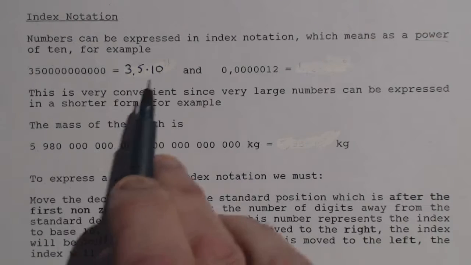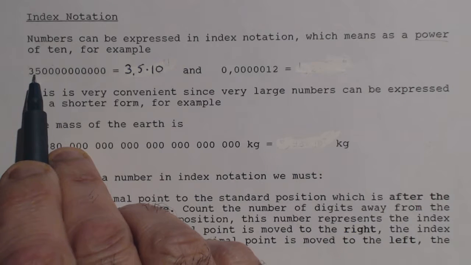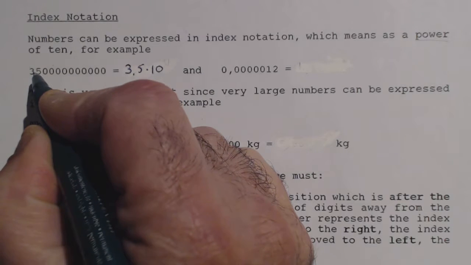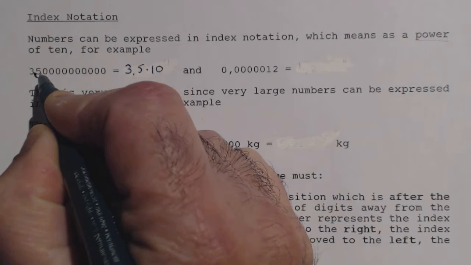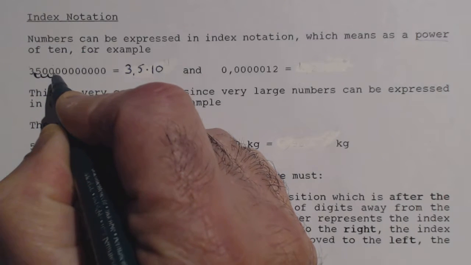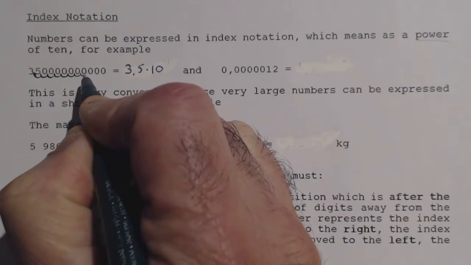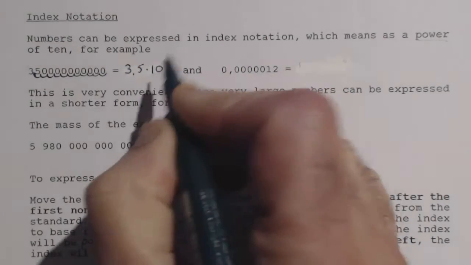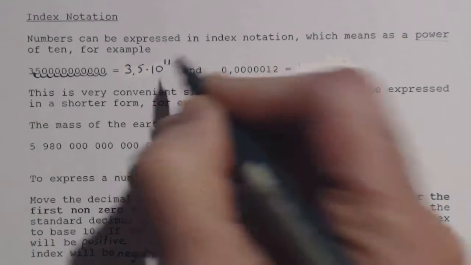To work out what this index is, we put the decimal point after the first non-zero figure, which is 3, and then we count. We move to the right. We count the number of digits after the decimal point. We go 1, 2, 3, 4, 5, 6, 7, 8, 9, 10, 11. So 3.5 times 10 to the power of 11.